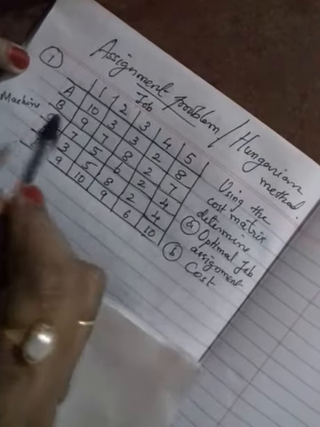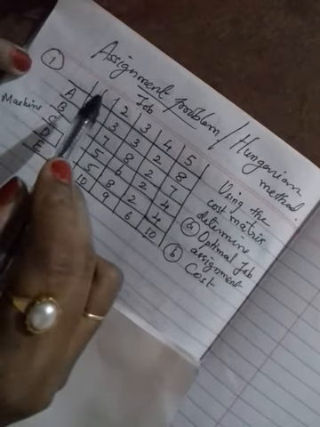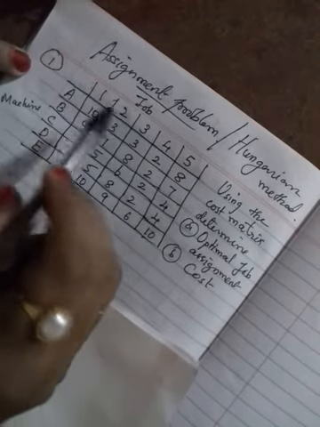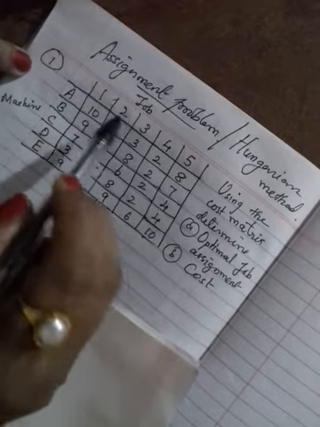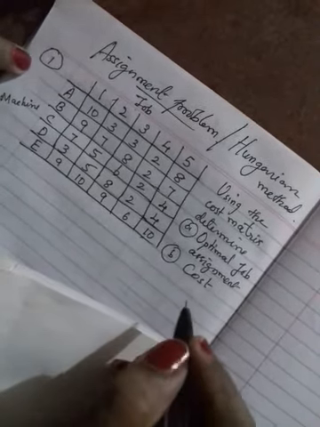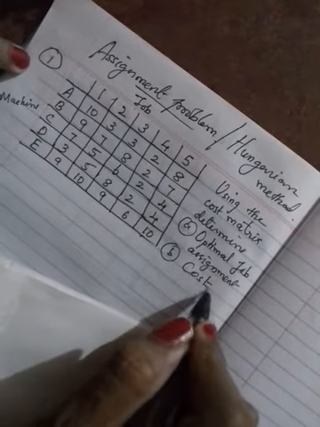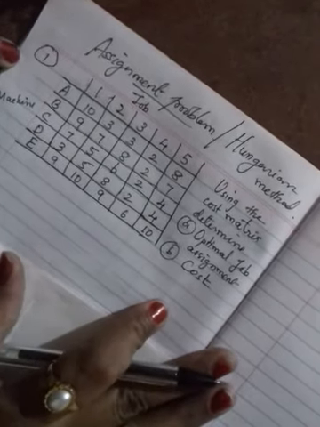The numbers given are the cost matrix. You have to assign jobs to machines, whether 1 or 2 or 4 or 5, and find the optimum job assignment. Each machine will get only one particular job. Then you have to find the optimum cost.